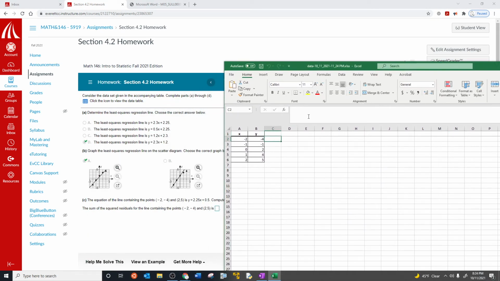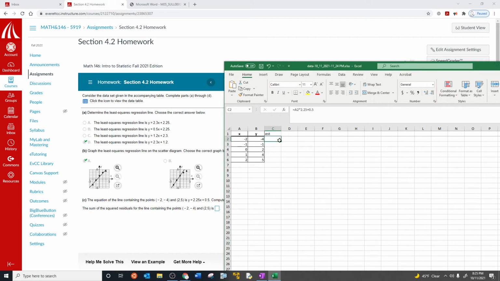I'm going to call this column estimate. We say equals the x times 2.25 plus 0.5.